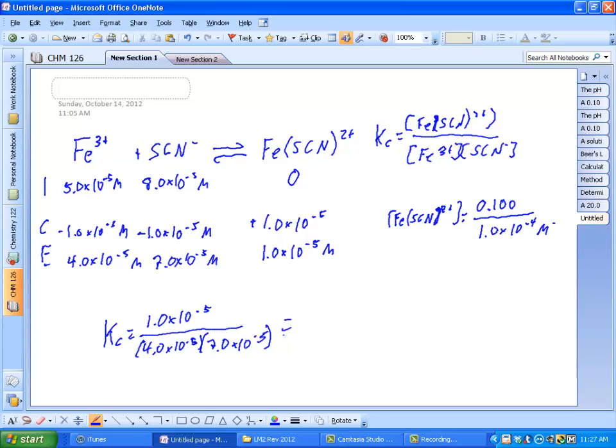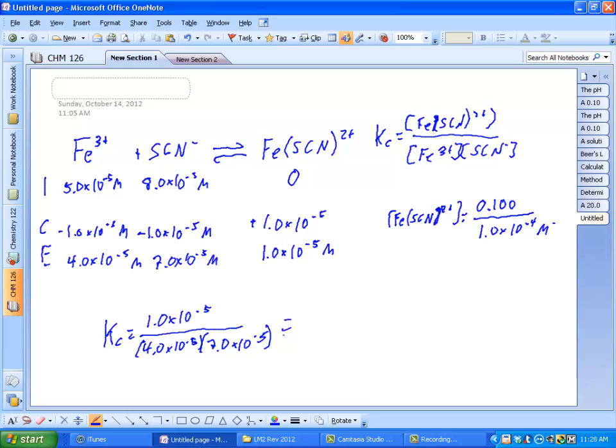And that'll give us our equilibrium constant. If I do all that, I get 3,571.